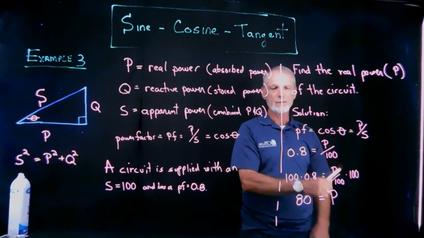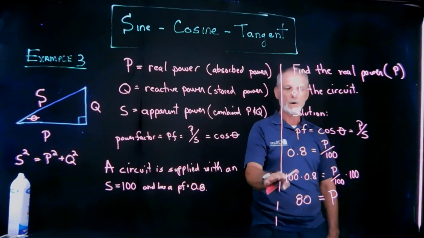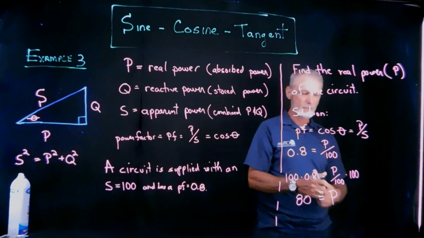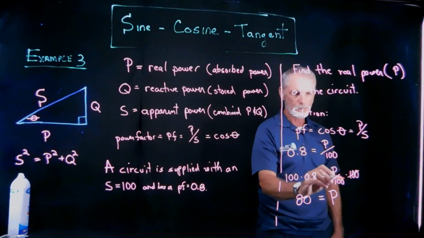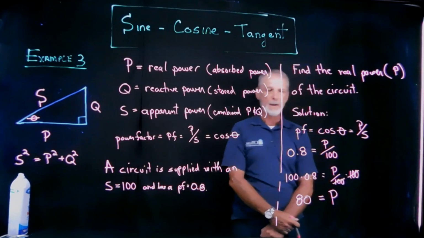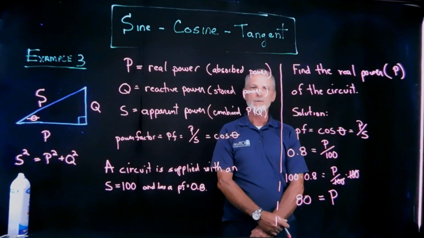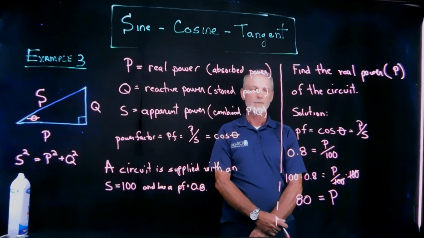We multiply both sides of this equation by 100. We get 100 times 0.8. We get the real power divided by 100 times 100, and the hundreds cancel. And so we see then that the real power is equal to 80. So we can use trigonometry, or sines and cosines and tangents, to solve a real life engineering problem.